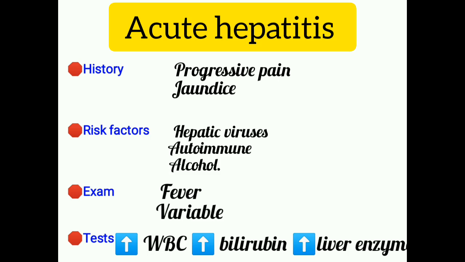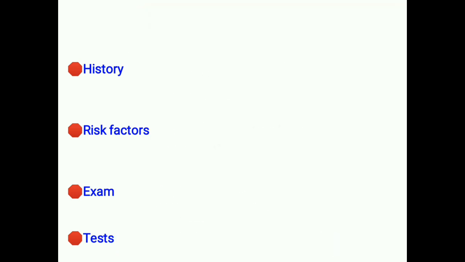So, a rapid review of the causes of right upper hypochondrial pain. The most common are acute hepatitis, acute cholangitis, cholecystitis, and biliary colic. How can we differentiate between them? Biliary colic presents with episodic, intermittent pain, with no nausea, no vomiting, and no jaundice.